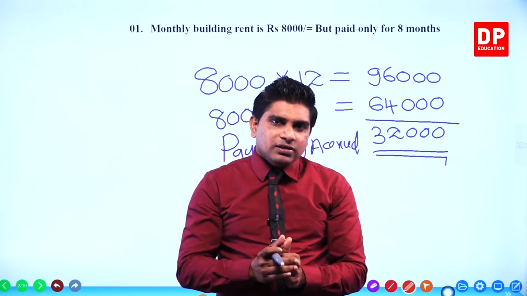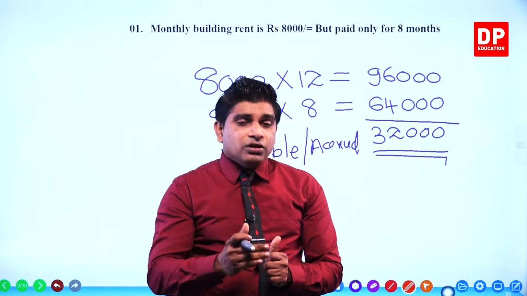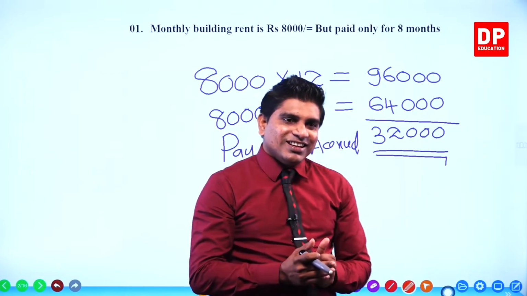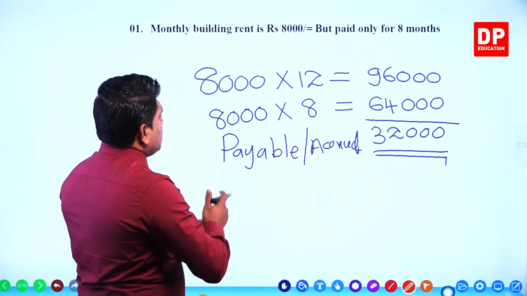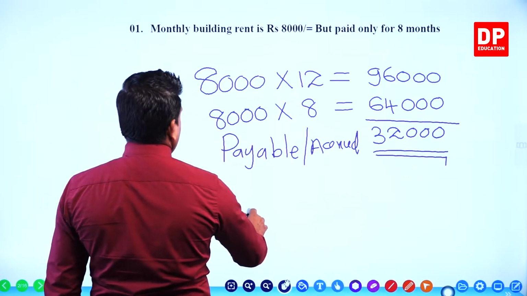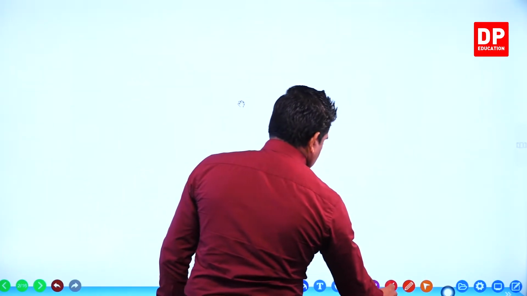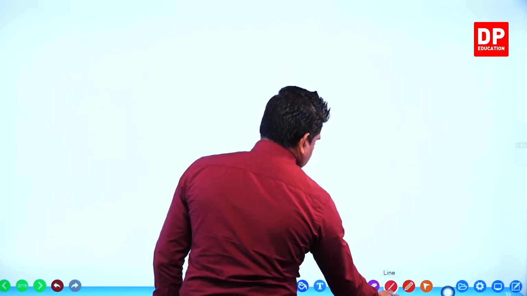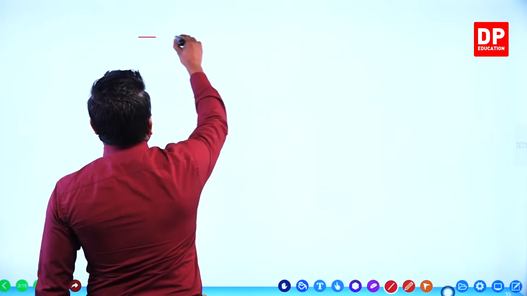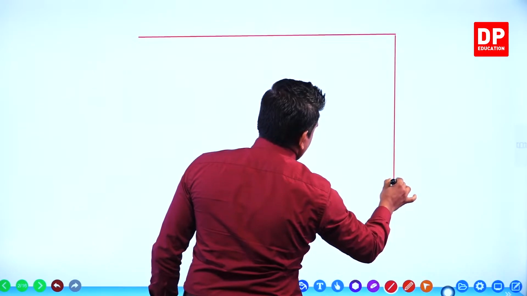You must remember, if you forget it, go back to the previous video, watch again and then watch this video, right? Okay, now first we record them in the general journal. Then we draw the general journal. This is the general journal format. Everybody draw the general journal with me.